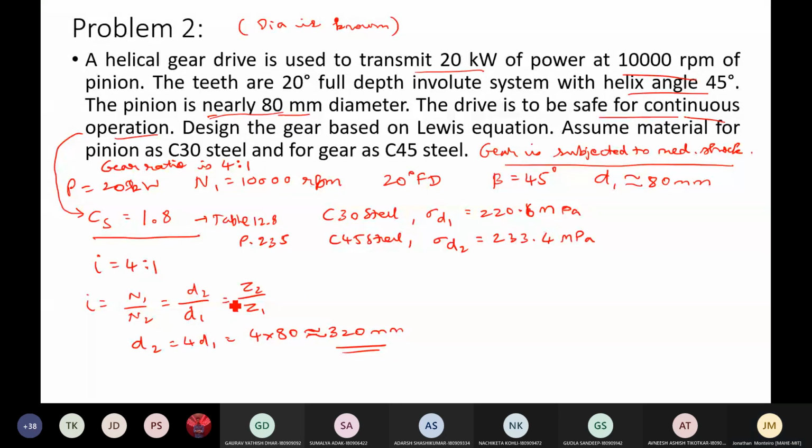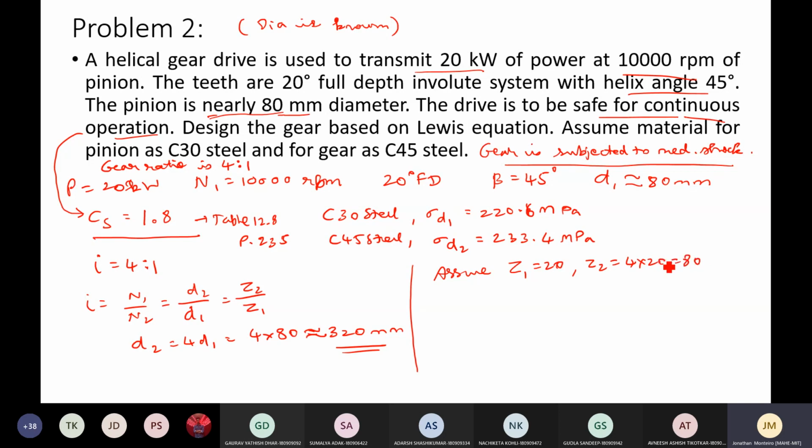Now to find out the weaker member, assume Z1 to be 20. Why are we doing that? Since we don't have the proper number of teeth, we have to assume temporarily. Assume Z1 equal to 20 and Z2 is equal to 4 times 20, which is 80 teeth.